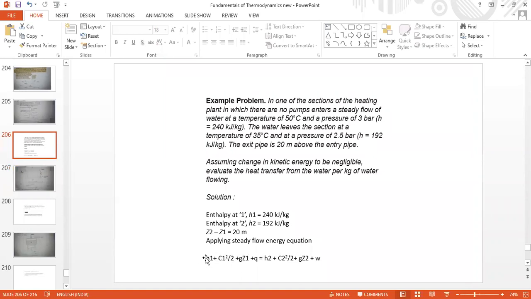This equation: H1 plus C1 square by 2 plus GZ1 plus Q equals H2 plus C2 square by 2 plus GZ2 plus W. I asked you to write small q and small w because when enthalpies are given in kilojoule per kg or joule per kg, Q and W are to be written with small letters, meaning that these are on a per unit mass basis.